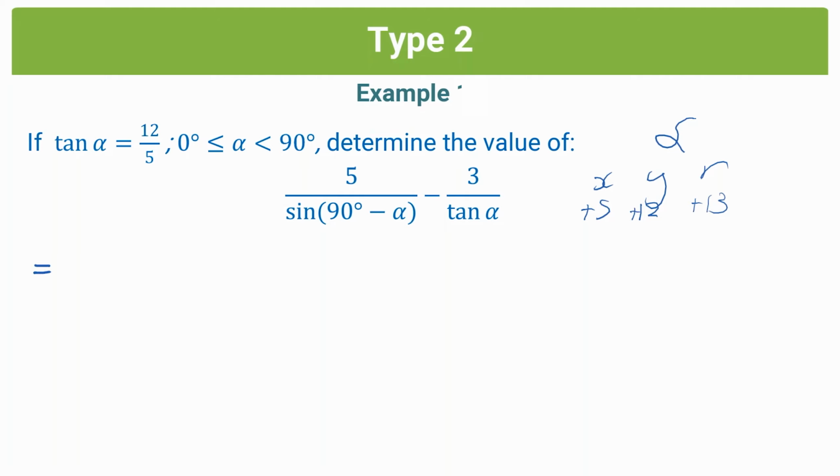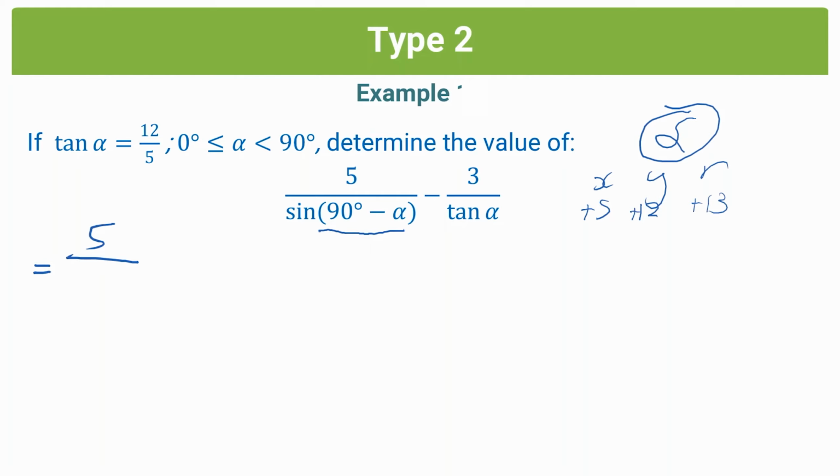The only complicated bit is the sine of 90 minus alpha, because we have x, y, and r for alpha, not 90 minus alpha. So we have to somehow manipulate that into becoming alpha. Now we know that 90 is a complementary angle. So we can use our complementary reduction formula here. So that's going to be 5 over co, for complementary angle, co for complementary.